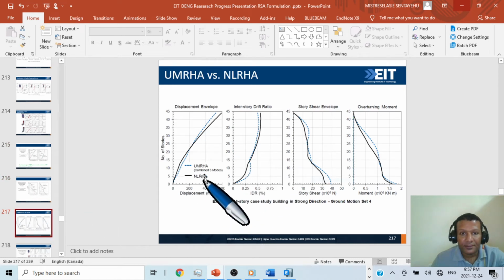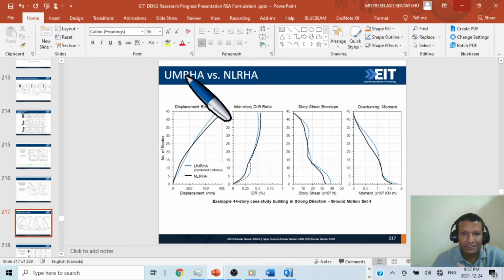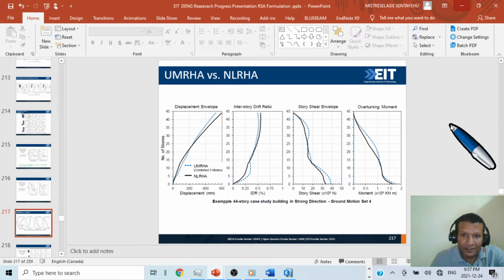Now the comparison, if you perform UMRHA versus nonlinear response history analysis, as we discussed, I will say it again. UMRHA means you perform cyclic pushover analysis in your multiple degree of freedom system, capture the pushover curve, idealize it into idealized force deformation curve, then apply it into your equivalent nonlinear single degree of freedom system and perform dynamic analysis and capture the response for first mode.